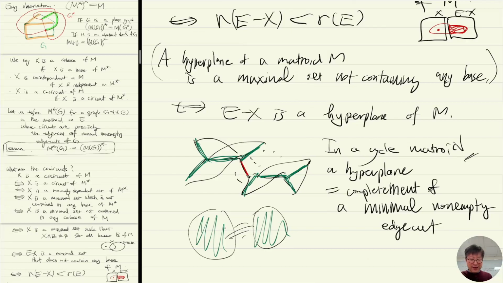Okay, so that is the reason that this matroid M star G is actually the dual.